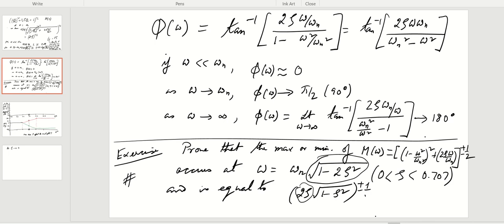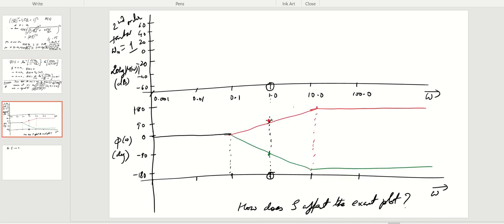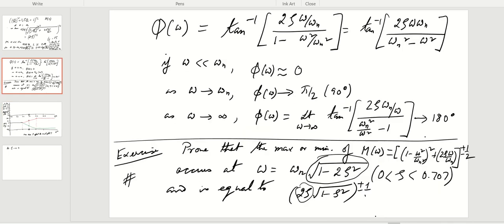Okay. And soon thereafter, if you approach it from one side, it is approaching from the 0 side. And then if you look at this asymptote here, it is still this 180 degrees, isn't it?